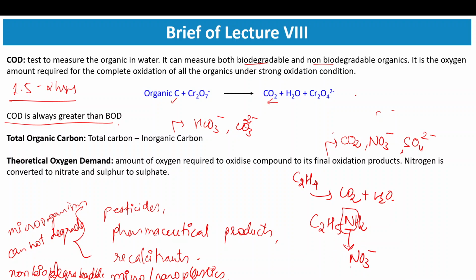So this is how you need to oxidize the product for theoretical oxygen demand. So this is nothing but the stoichiometric or theoretical demand for oxygen for the oxidation, right? Whatever you supply in the actual process will always be much greater than the theoretical demand.